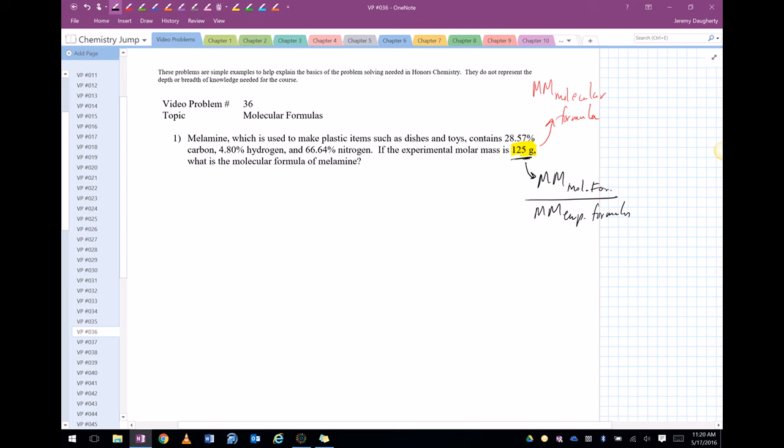So we're going to take 28.57% carbon, 4.80% hydrogen, and 66.64% nitrogen. Assume that we have 100 grams.